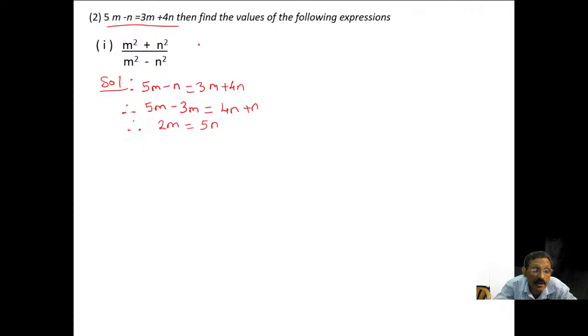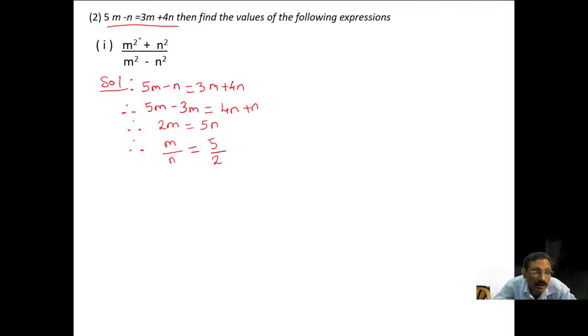But what is given to me, I'm using that, and what I get after solving this, I will use the relations of the ratios which I know. So I bring this n over here, it becomes m upon n is equal to, I've got 5 here, I bring this 2 here. Now I've got m upon n.